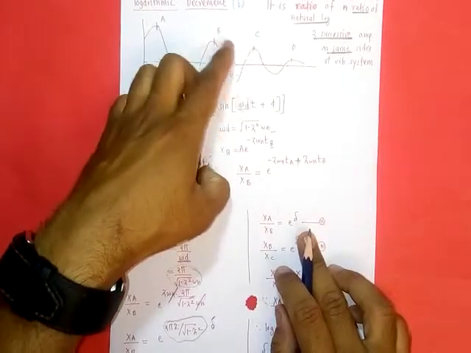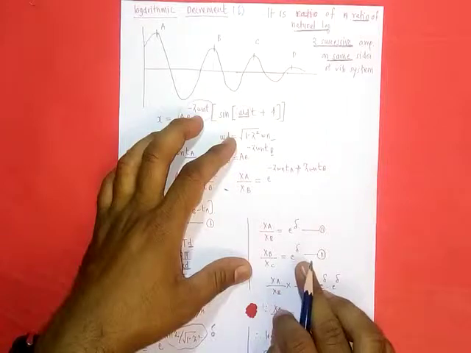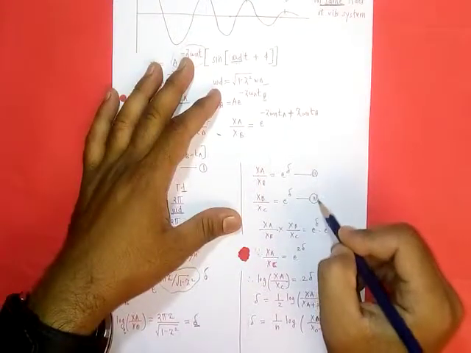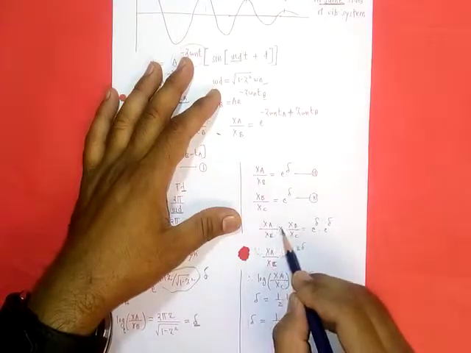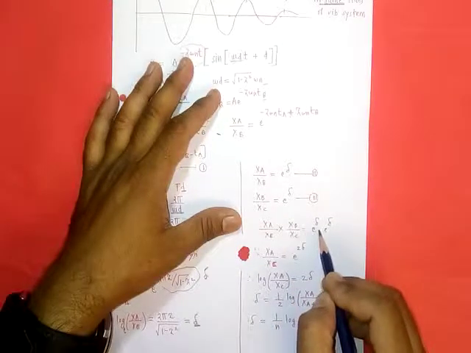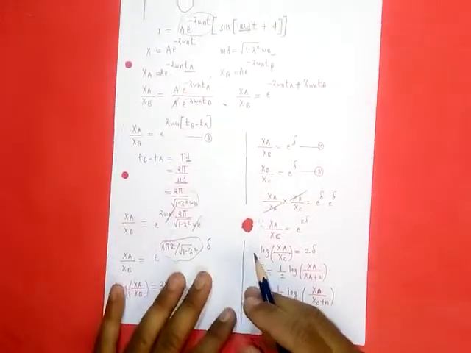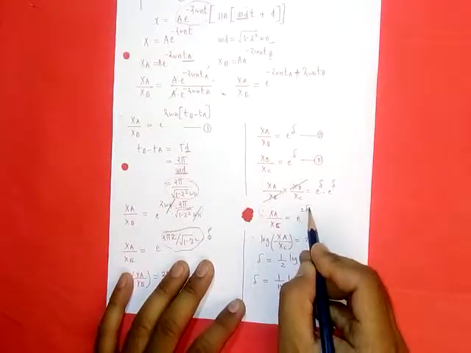Similarly for b and c, we can write xb upon xc is equal to e raised to del. Now multiply equation 2 by 3, we get xa upon xb into xb upon xc is equal to e raised to del into e raised to del, and again cancelling common terms, we get xa upon xc is equal to e raised to 2 del.